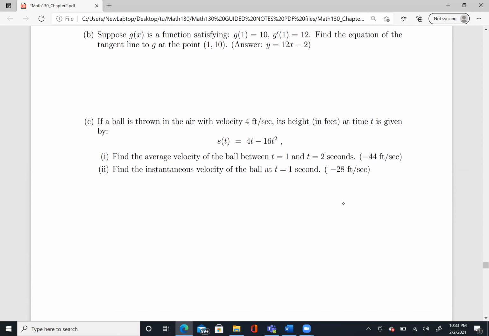Okay, so remember that the equation of the tangent line is y of x equal to g derivative of a, which is 1 here, multiplied by x minus a, which is 1 here, right?